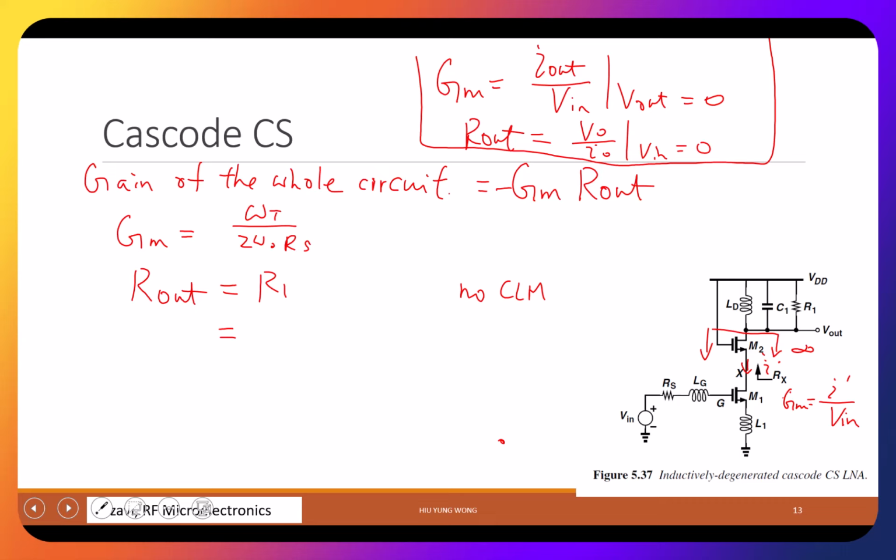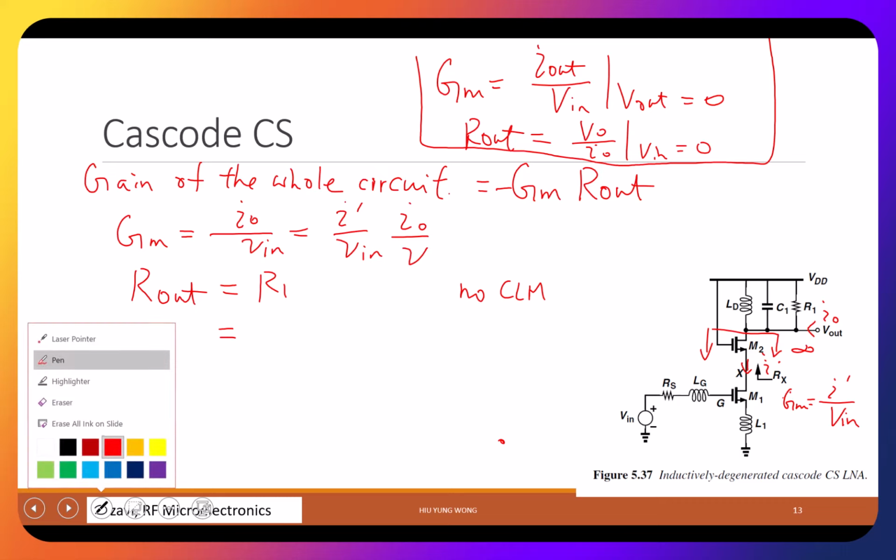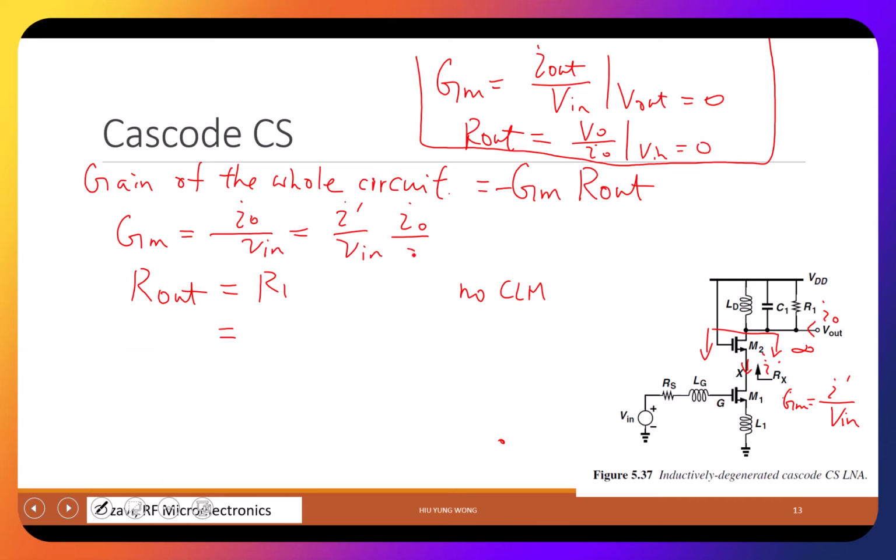So the GM should be, let me be more specific. If I call this I out, GM should equal I out divided by V in, which is equal to I dash divided by V in times I out divided by I dash. Do you see that? Because I dash got cancelled. The GM of this whole circuit is I out divided by V in. Makes sense? I confused you, but let me correct it.